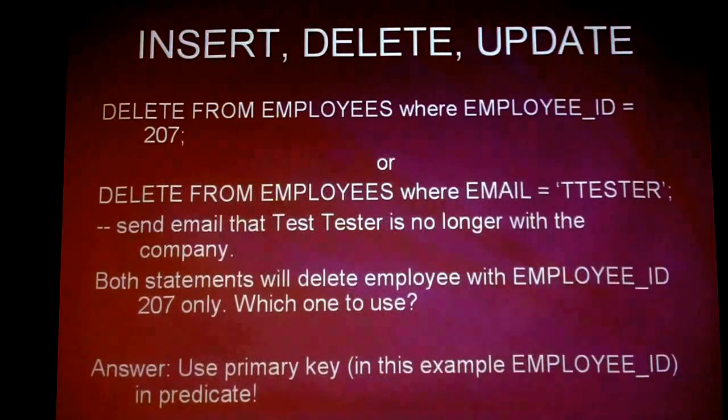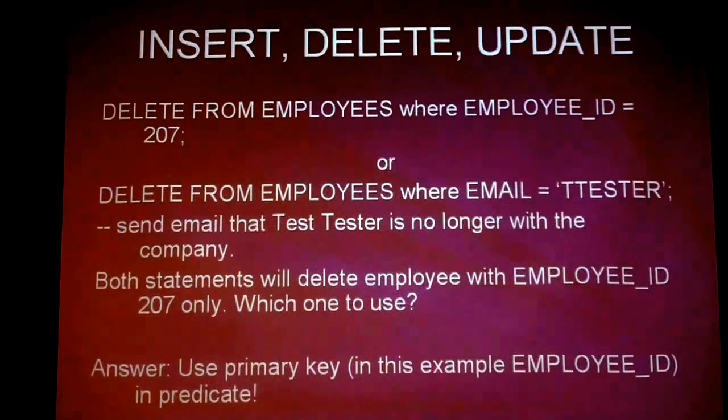First one, because the second one does not guarantee that you have a unique correlation between the emails and the employees. I've seen a real life example when two different employees have the same email address in a database.